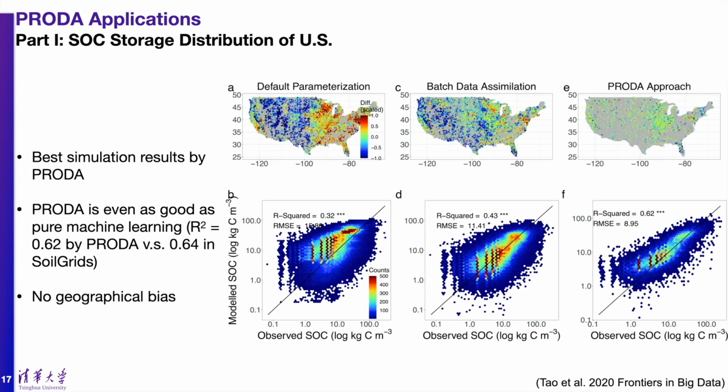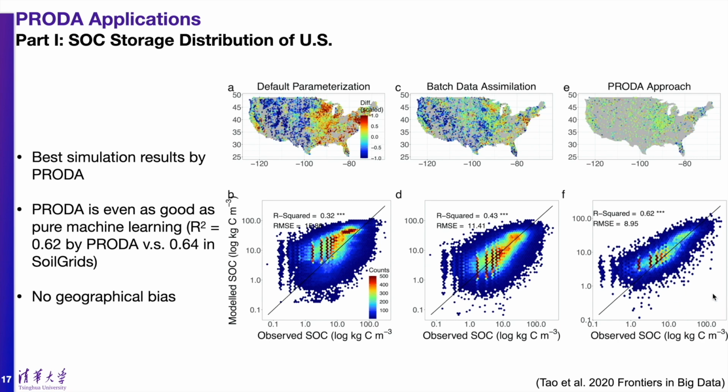If we apply the predicted parameter values by the trained deep learning algorithm back to the CM5, we can see the agreement between model simulation and observations can be as high as 0.6, which is much better than the batch data assimilation. Actually, compared with the default simulation, the batch data assimilation can improve the model simulation, but only to a limited degree.